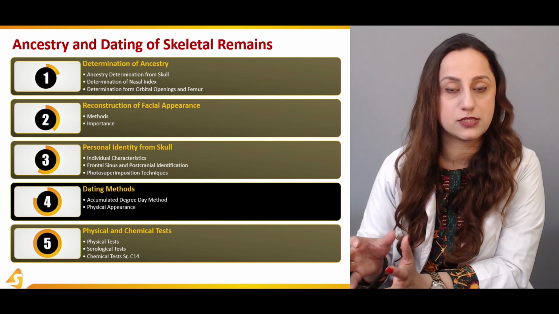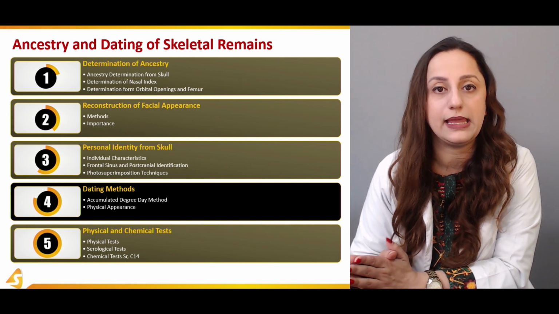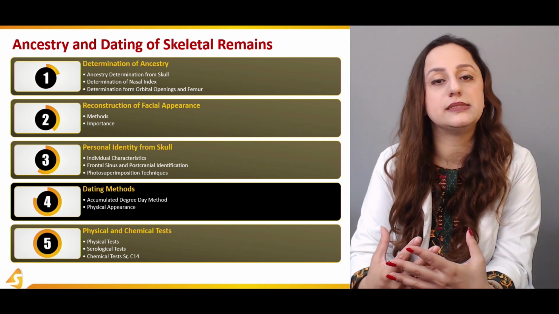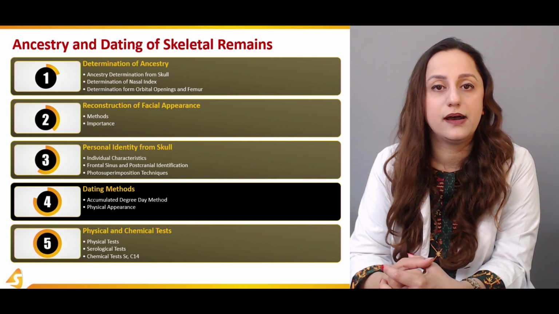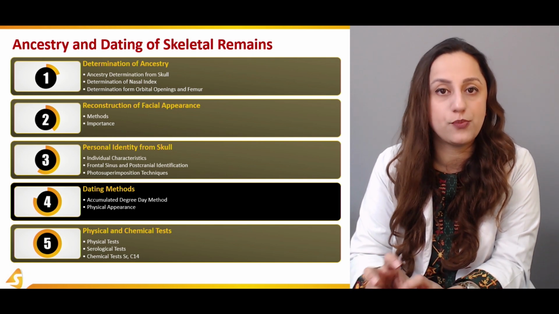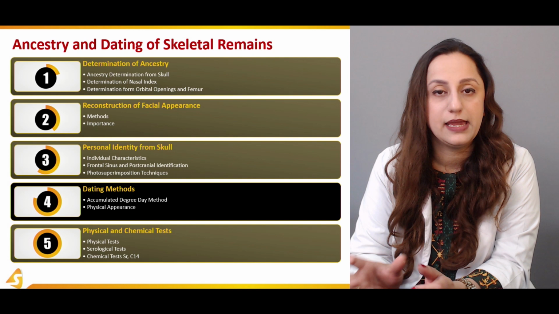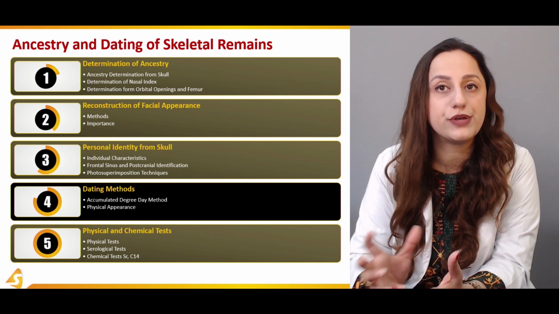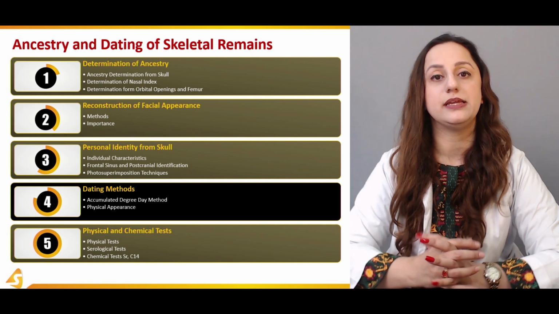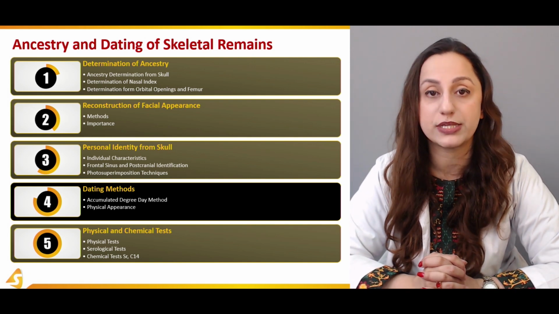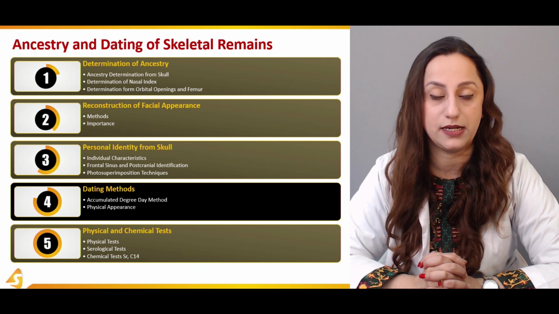Now, the significance of this degree day method is that it involves the environmental features that come into play whenever the decomposition of the body is taking place after death. As you already know, if the atmospheric temperature is more moist, then mummification of the body can occur.